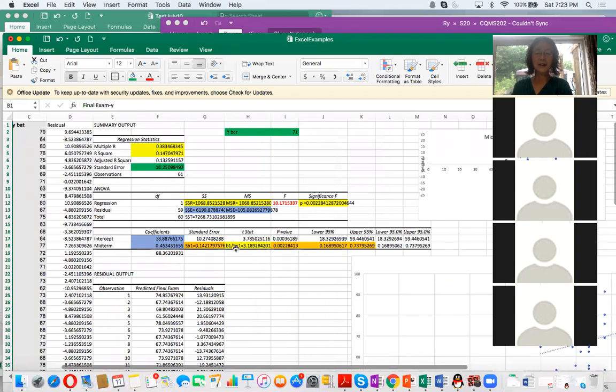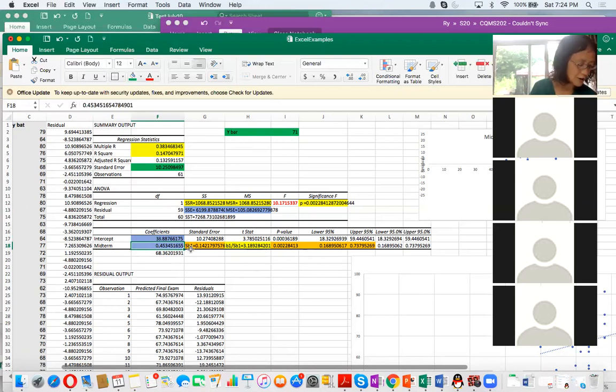There is a calculator method to produce the linear regression equation. Because in the final exam you are allowed to use Excel, I would suggest you use Excel to calculate what is B0 and what is B1. The detailed instructions for the calculator are in the textbook.